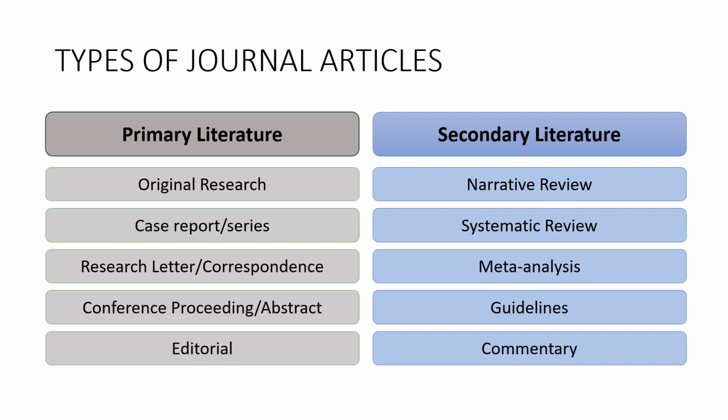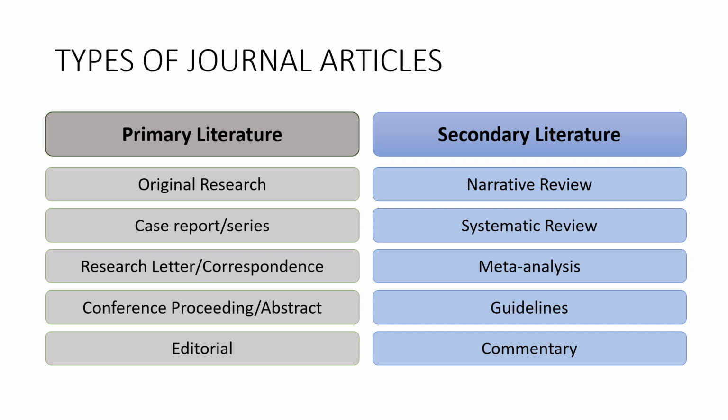Editorials can sometimes be classified as primary or secondary, according to how you see it, because sometimes they cover many aspects of a review paper, including citations from previous publications. But when you look at it from the perspective that the author is putting in his or her own input, fingerprint and opinion, then you can see it as primary literature.